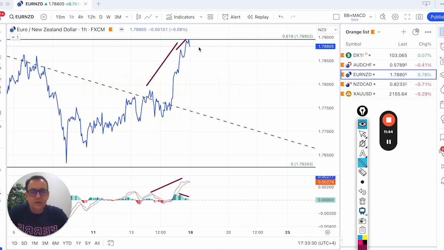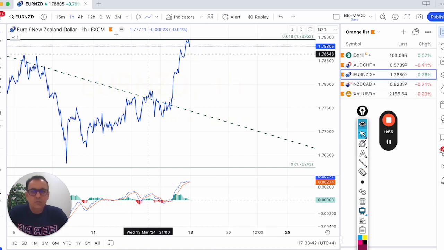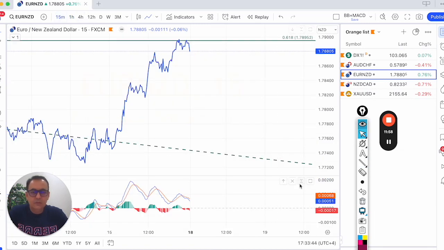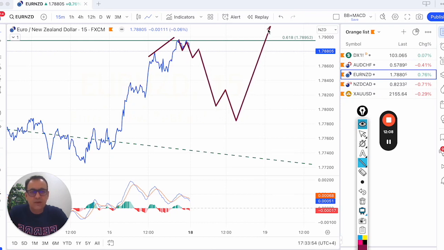So which means a short-term pullback is anticipated and it can be expected because of this resistance level and then continuation to the upside. Moving down to 15 minutes. We have bearish divergence coming into play. So expect short-term pullback, but the short-term pullback should be taken as an opportunity to buy this instrument.